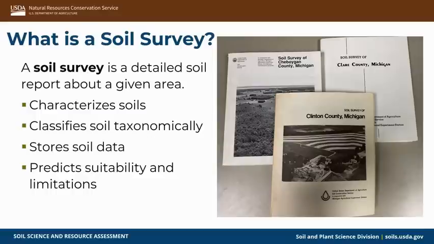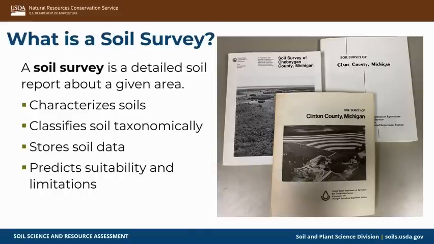Before diving into soil mapping, we need to have a very brief understanding of what soil survey is, as I will mention it multiple times. Soil survey in its simplest form is a detailed soil report, and we can give these reports for a specific area. For example, the image on the right shows different counties in Michigan. When they initially did mapping, they made hard copy bound books of each county across the whole US.